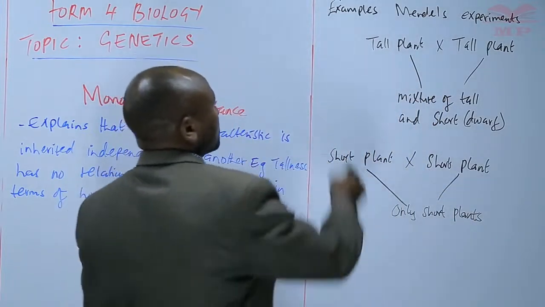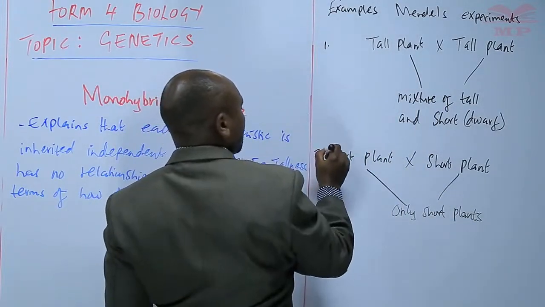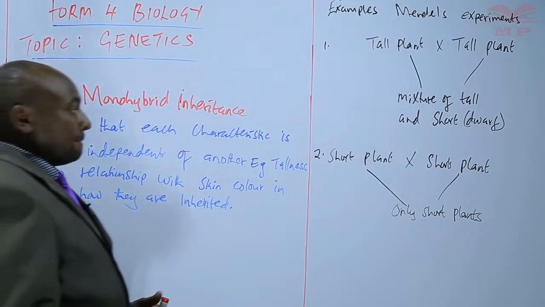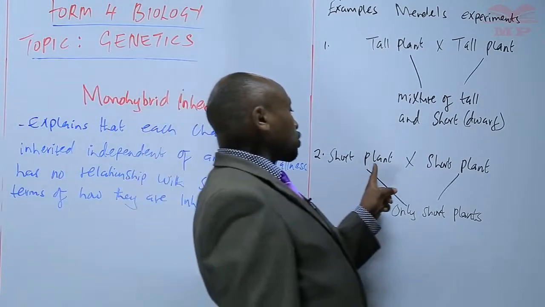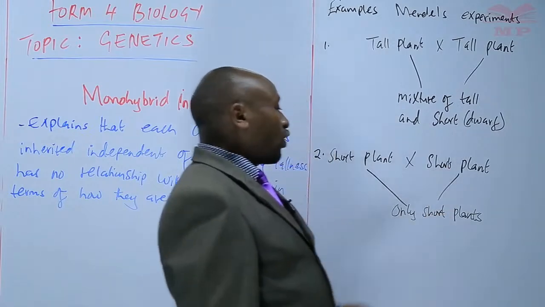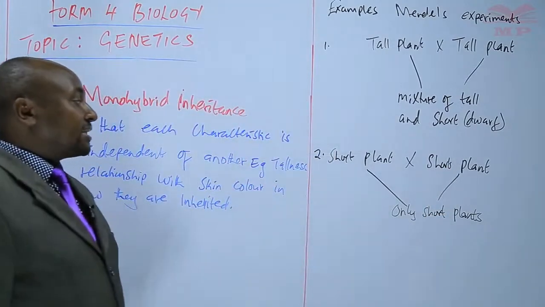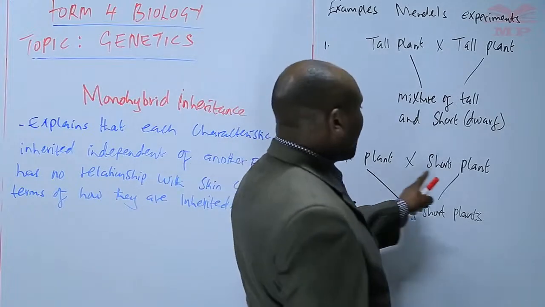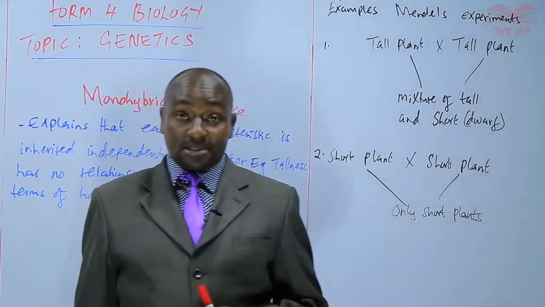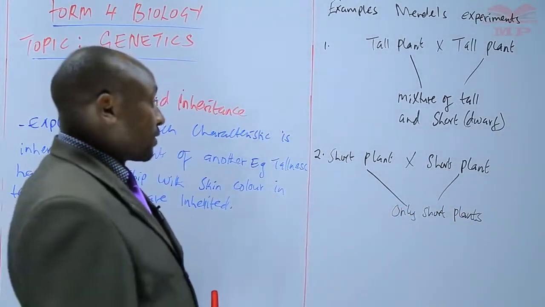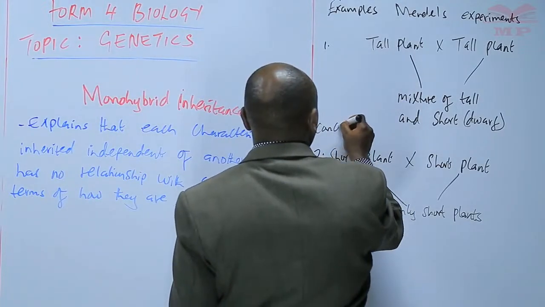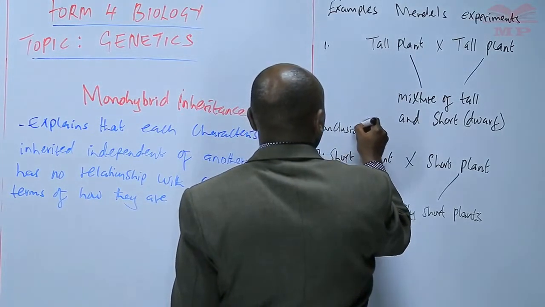So that is one of the experiments. This is another experiment. So by crossing a short plant and getting only short plants, the conclusion here was that the short plants were pure breeds.